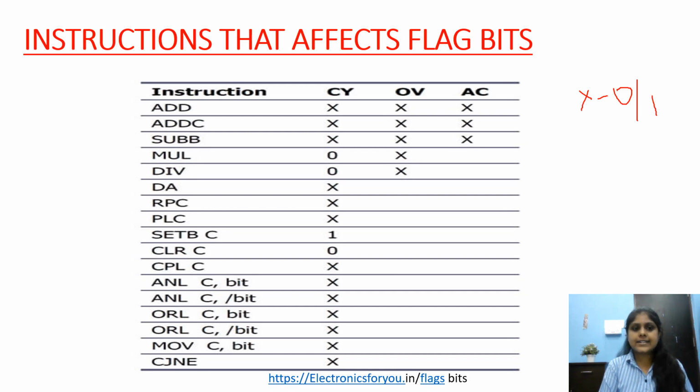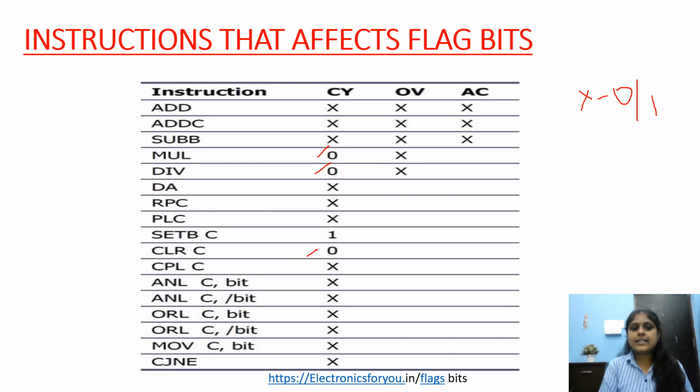So for ADDC, SUBB, multiplication and division, the flags are affected as shown. DA, RRC and RLC, SETB C, that is 1, and CLR C, so we clear the carry, so it is 0, and CPL C, complement C, so depending on the previous data the X value may be 0 or 1.